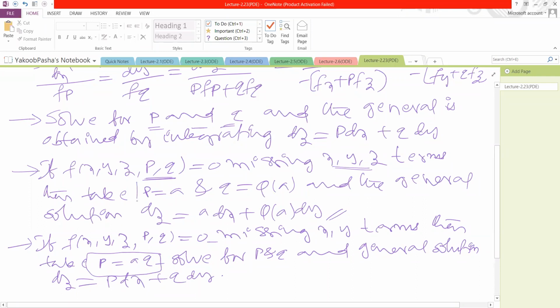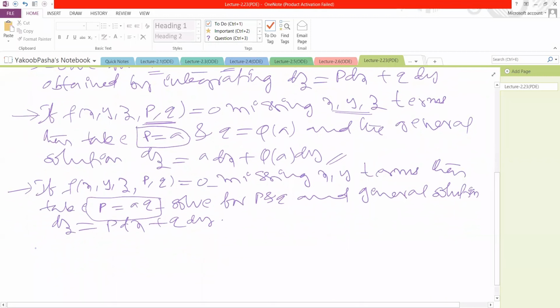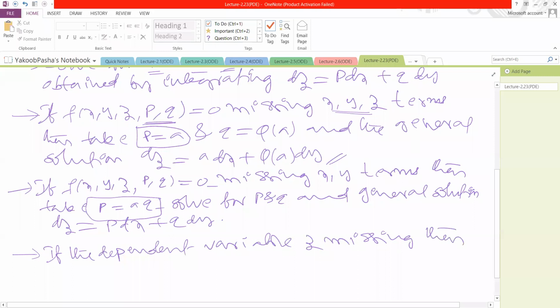When x, y, z, independent and dependent variables, are missing, we have to take p = a. Okay, I am taking the general case. If the dependent variable z is missing, then the given equation can be written in the form f(x, p) = g(y, q).